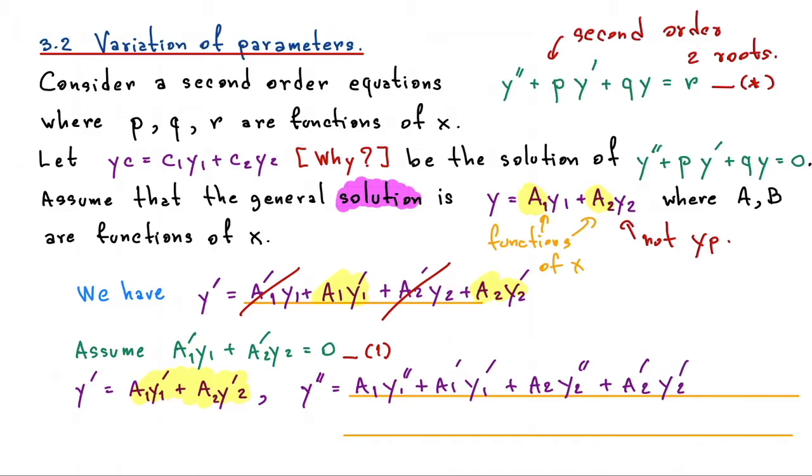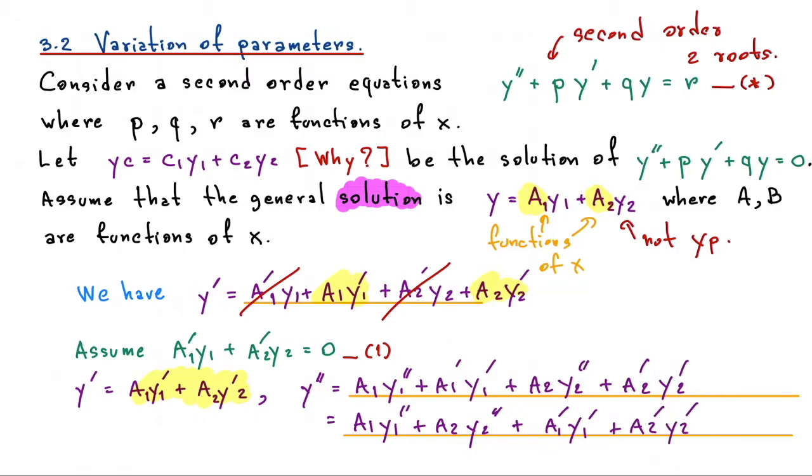Okay, and in that case I can write it as a1 y1 double prime plus a2 y2 double prime plus a1 prime y1 prime plus a2 prime y2 prime.